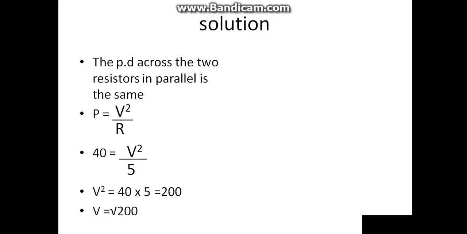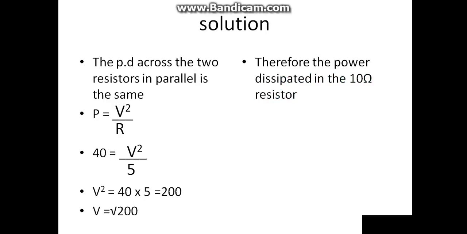V is equal to the square root of 200. Therefore, the power dissipated in the 10 ohm resistor is equal to V squared over R, which is equal to 200 over 10, which gives us 20 watts.